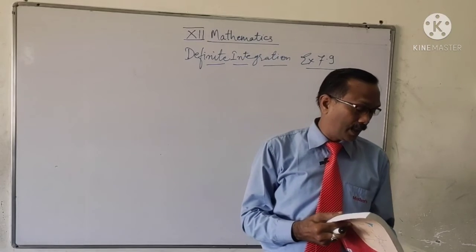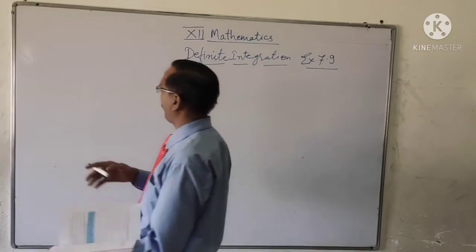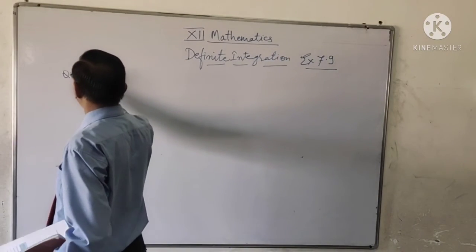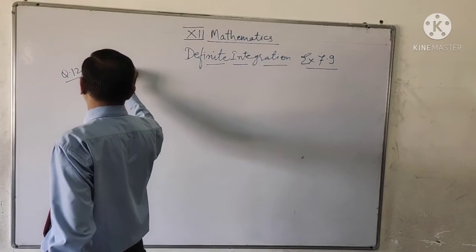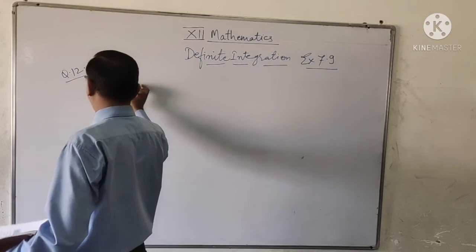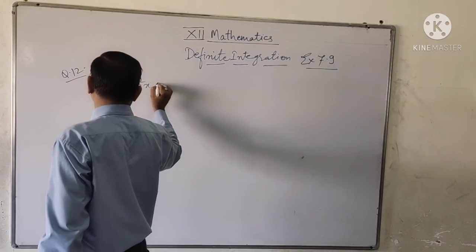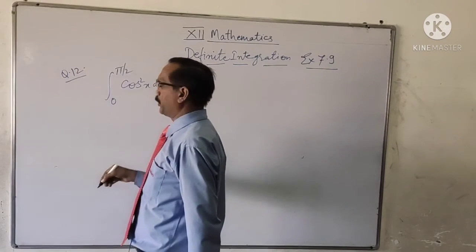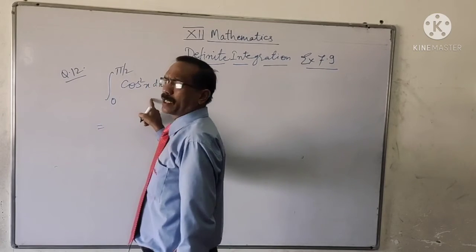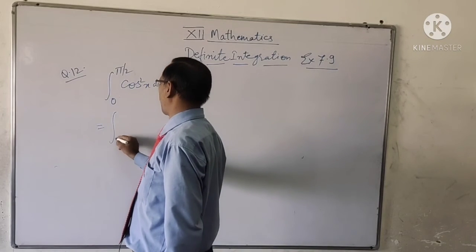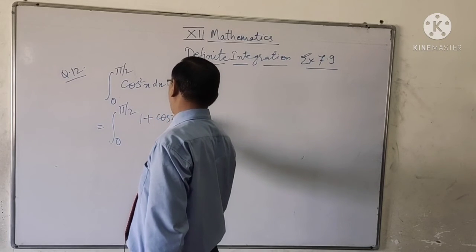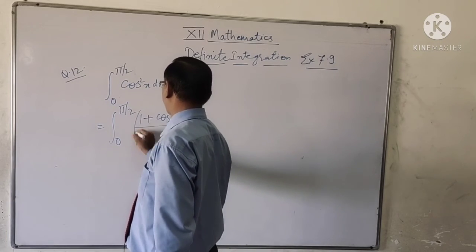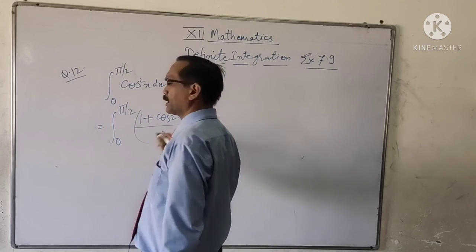Now question number 12. There is the integral from 0 to pi by 2 of cos square x dx. Students, you know, whenever we integrate cos square x, we use the formula 1 plus cos 2x upon 2 dx.